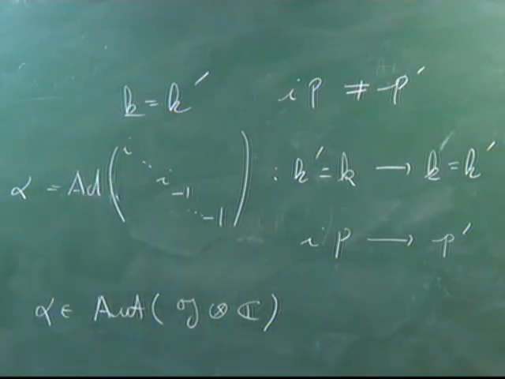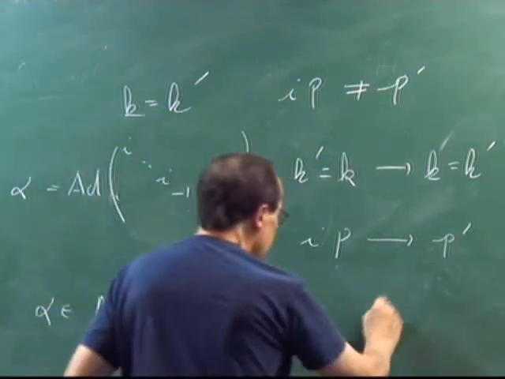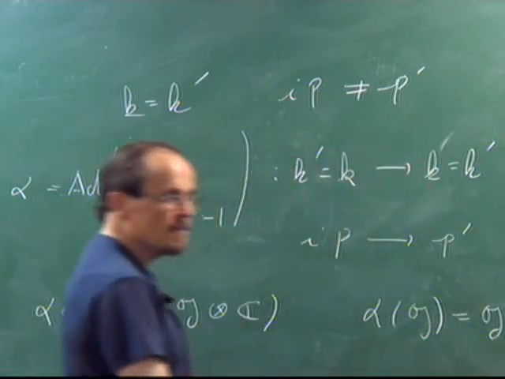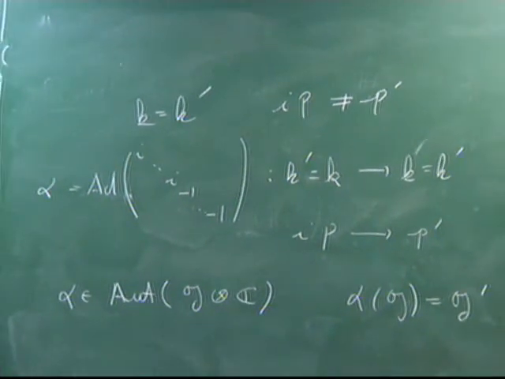Right? Complex entries, you have to complexify before it becomes an automorphism. And I claim alpha of G is equal to G prime.